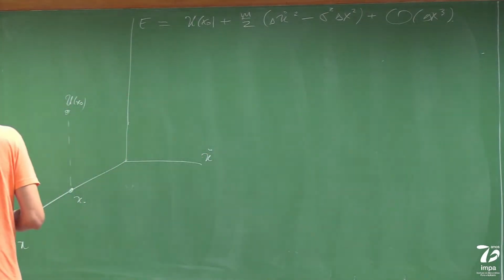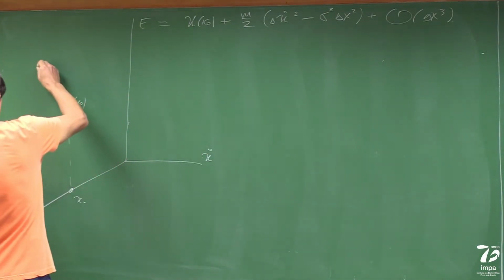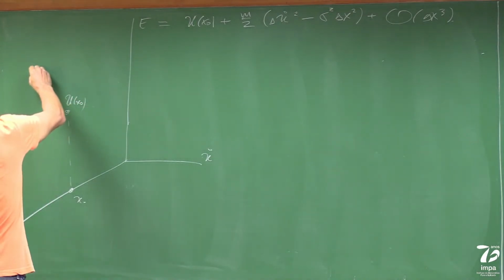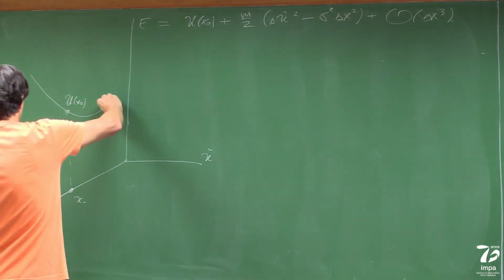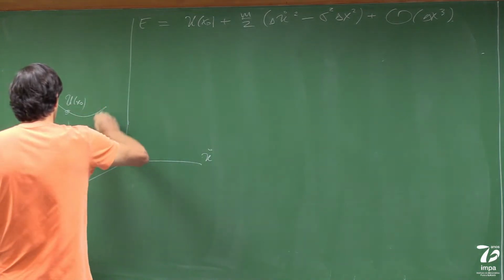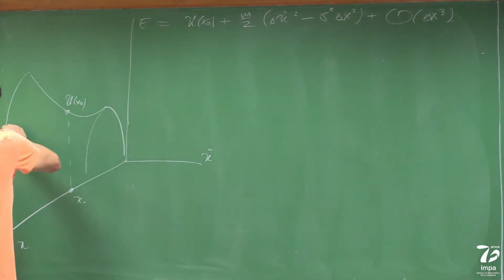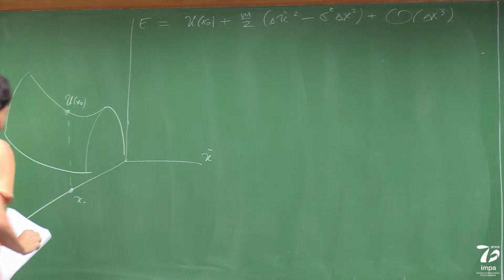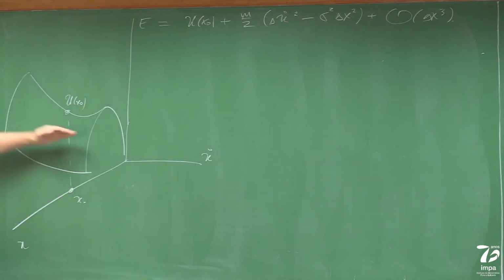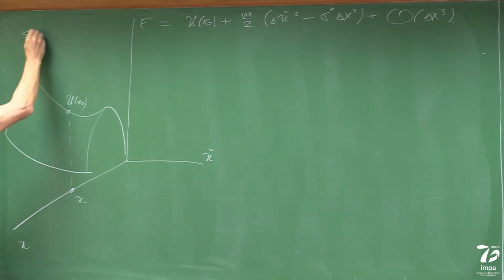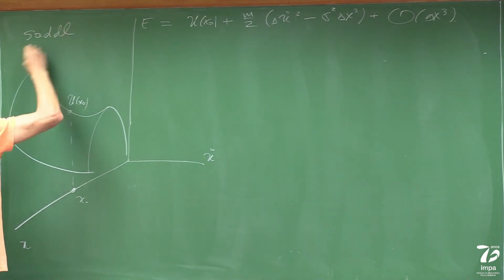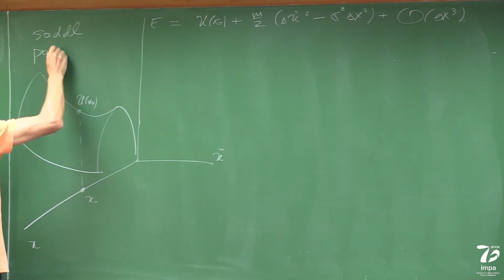So how to plot it? Let's first, well, I will draw, let's see if it will work. So that's a function which is increasing in velocities but decreasing in coordinates. So that's what's called a saddle, and the equilibrium is a saddle point.